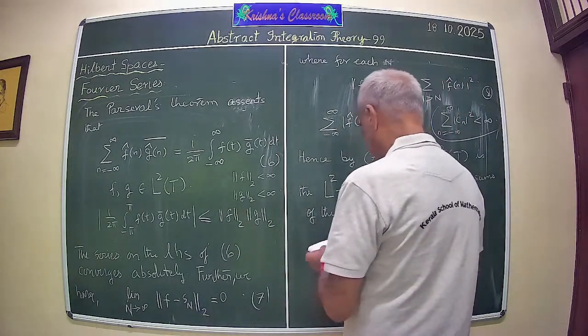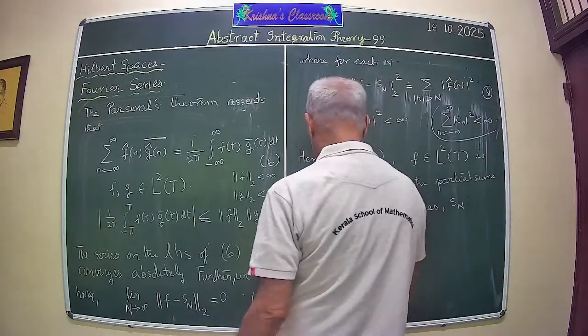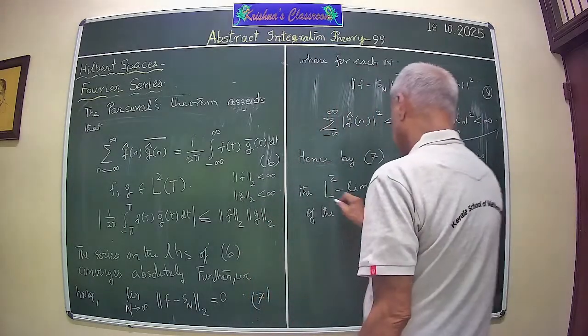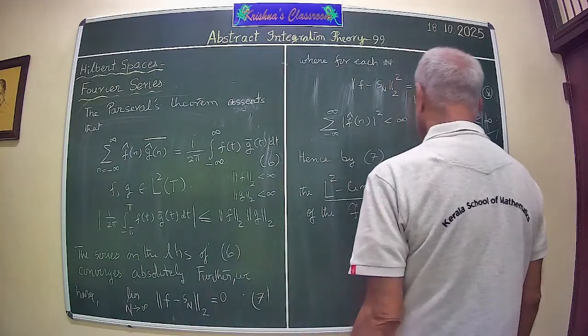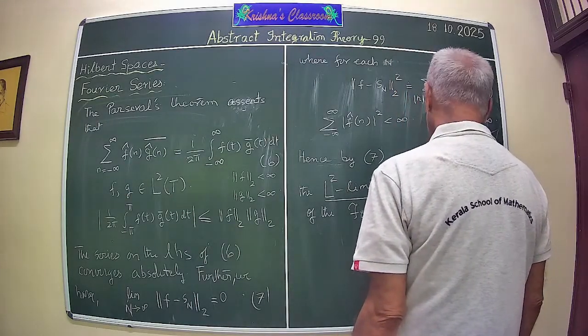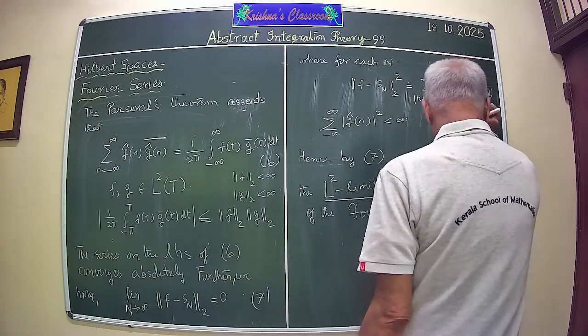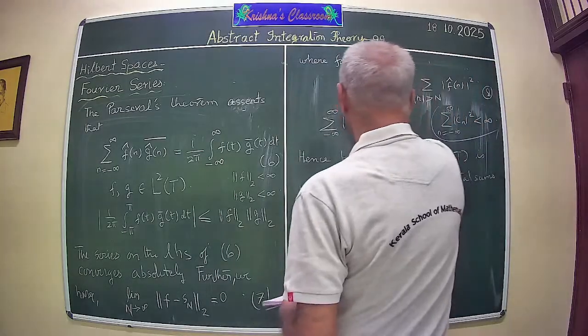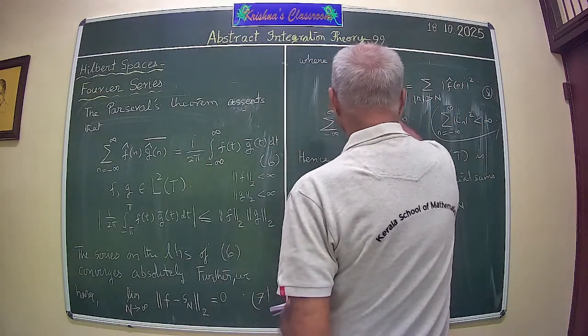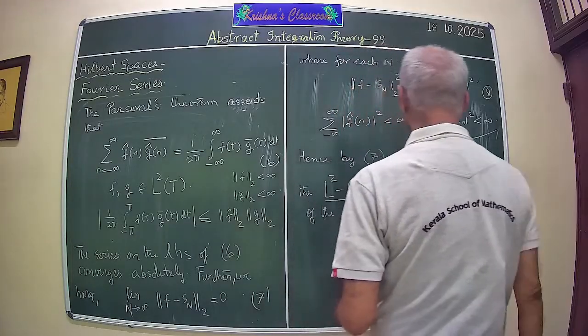That is, the Fourier series of f converges. This is the important part, it is the L2 limit. It's not pointwise convergence that you are talking about, but the L2 limit of the partial sums of the Fourier series that you have. This is the L2 norm in which this convergence takes place.